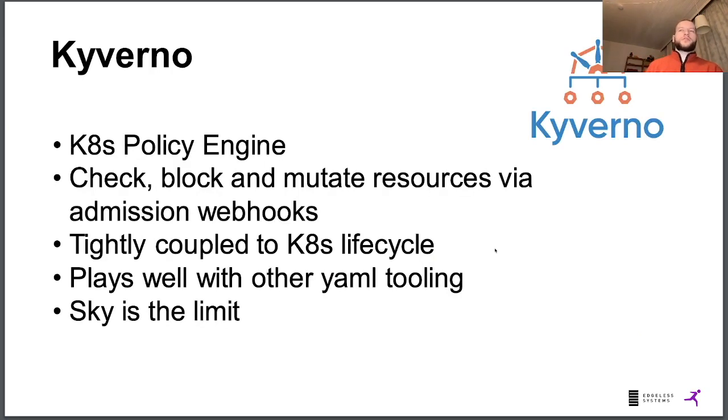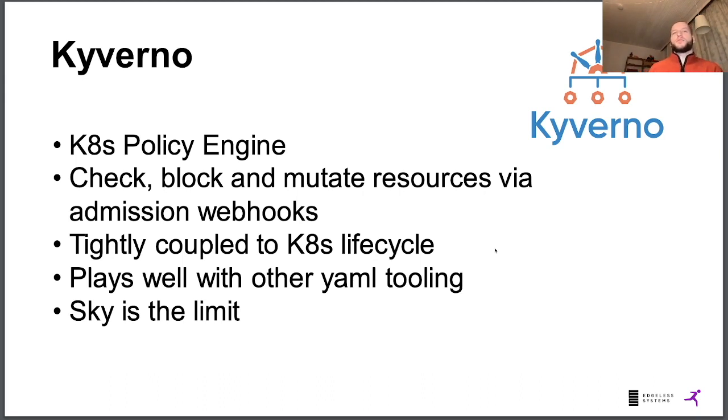Yeah, a quick look at Kyverno if you don't know what it is. It's a Kubernetes policy engine. It's used to check, block, and mutate resources as they are created, but also throughout their life cycle. It's tightly coupled, so you can create matching rules and changes or blocking behavior based on that.